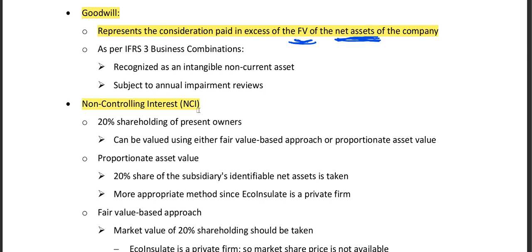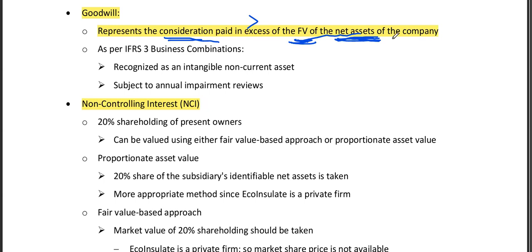So when you compare the price that you pay, the consideration, with the fair value of the net assets that you will gain ownership to, if the consideration is higher than the fair value of the net assets, it means that you have had to pay a premium, an excess amount, to take ownership of this entity.